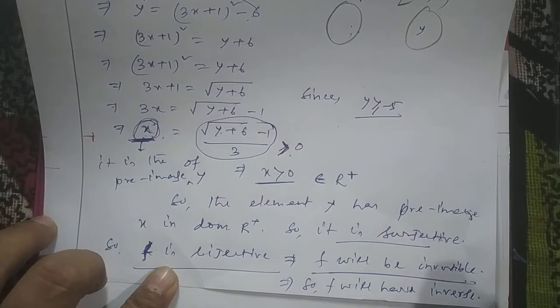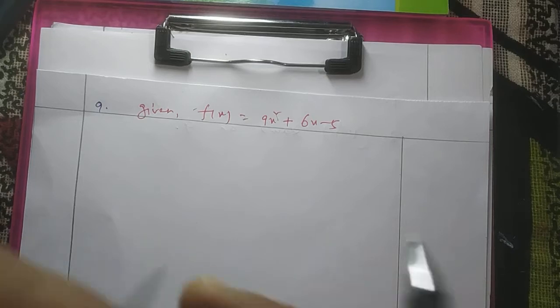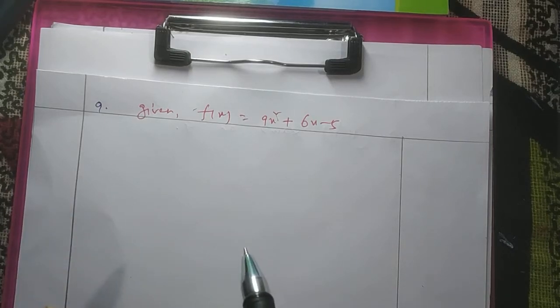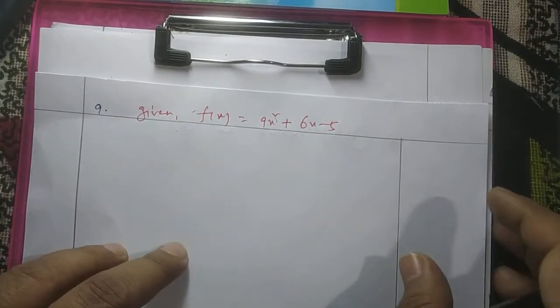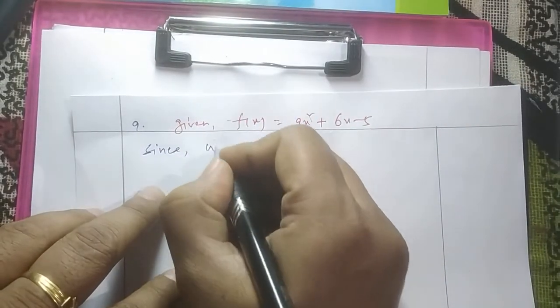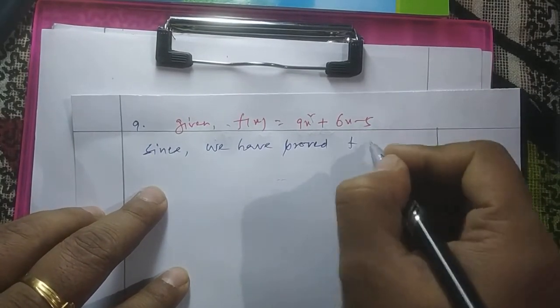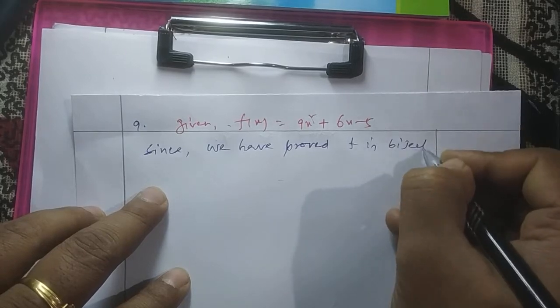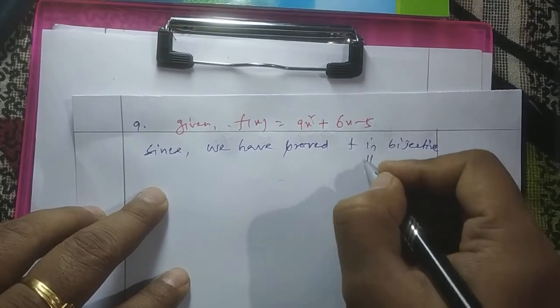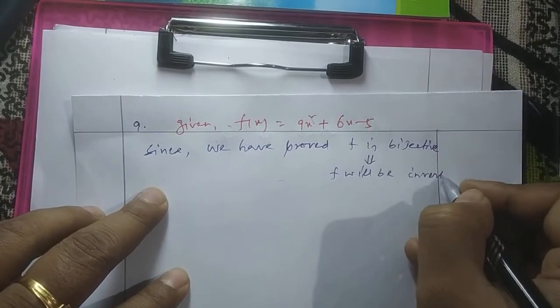Now by any means we have to find the inverse. In the previous step we have seen that the function is bijective, so it will be invertible, which means it will have an inverse, so the inverse will exist. Since we have proved f is bijective, f will be invertible.